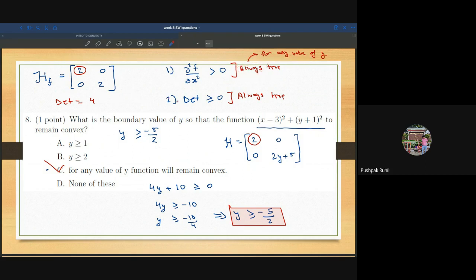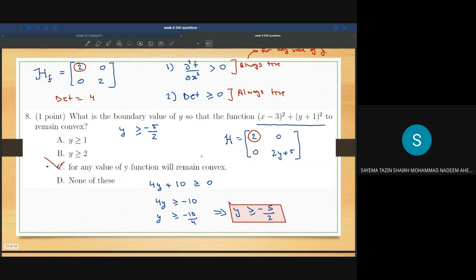The second condition was that the determinant needs to be more than or equal to 0. We calculated the determinant and it was equal to 4. So irrespective of the value of y, your determinant would be more than or equal to 0 always. That's why option C is the correct one. For any value of y, the function will remain convex.